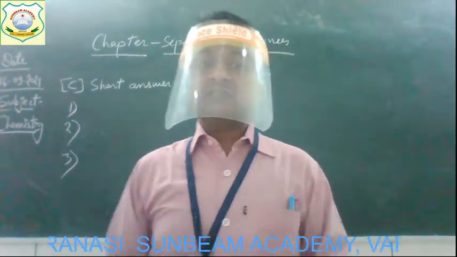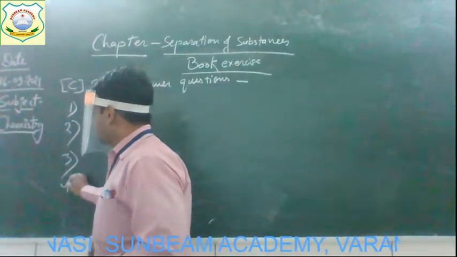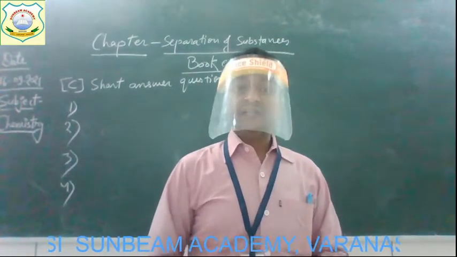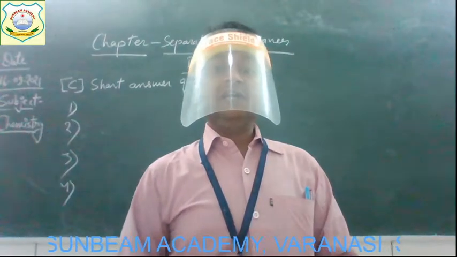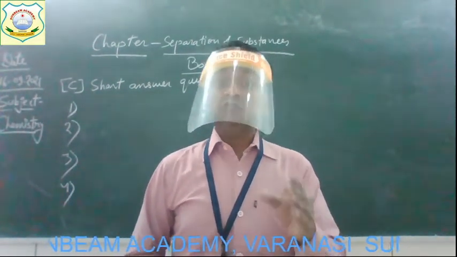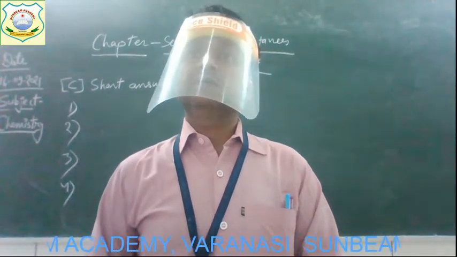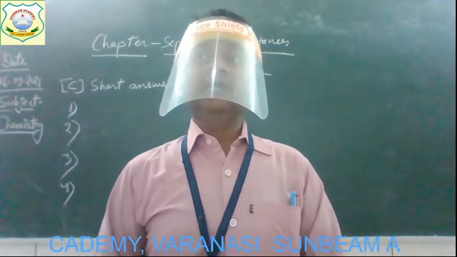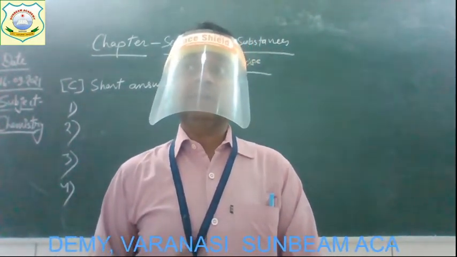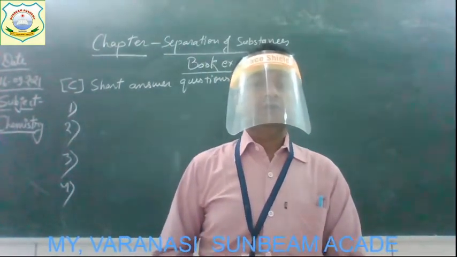Now come to the next question, number 4. The question is, which property of filter paper is used to separate an insoluble solid from a liquid? Which property of filter paper are we using for separating the insoluble solid?